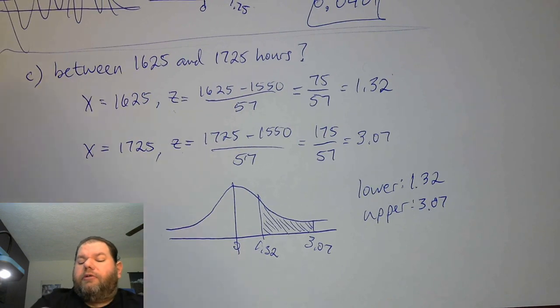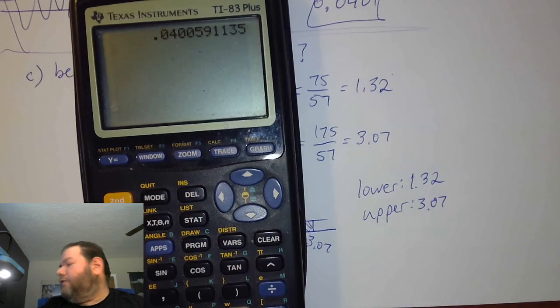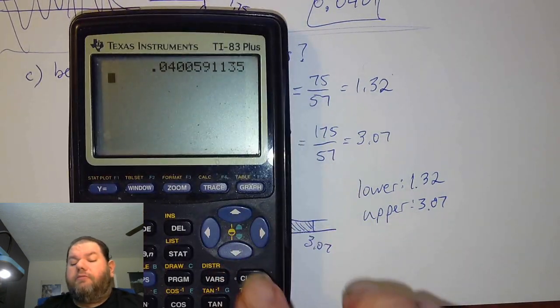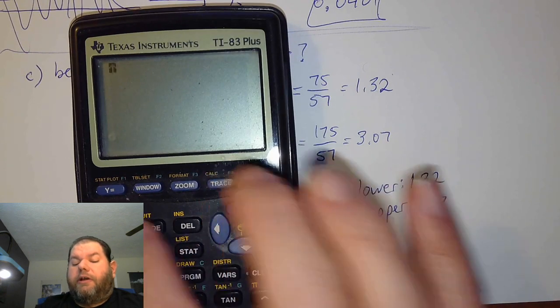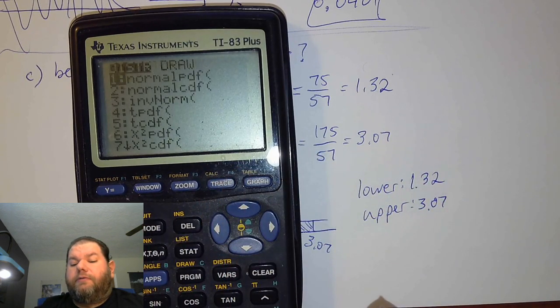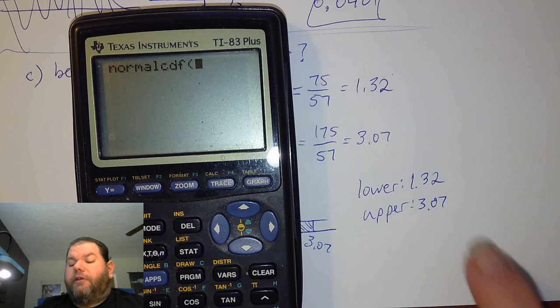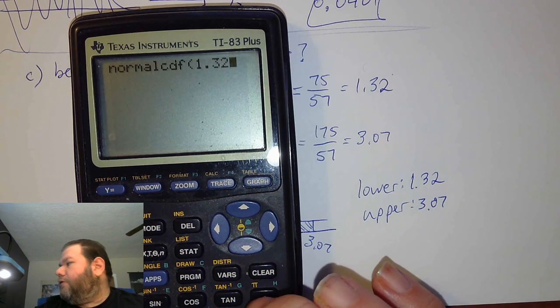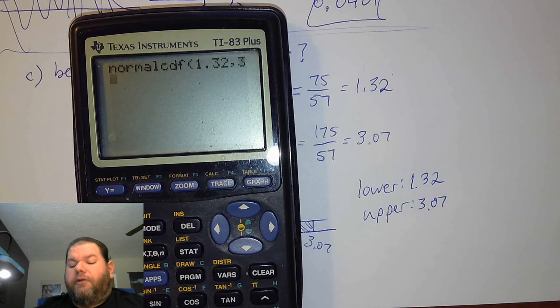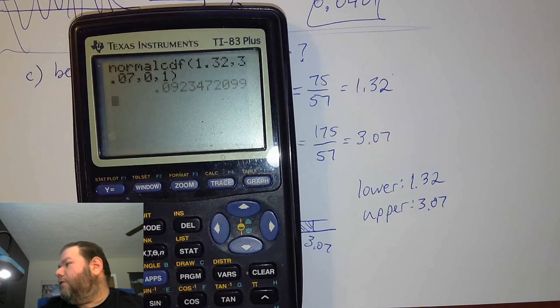So on our 83s, the second vars, option 2, we enter in the lower boundary 1.32, comma, our upper boundary 3.07, comma 0, comma 1, and then close parentheses.